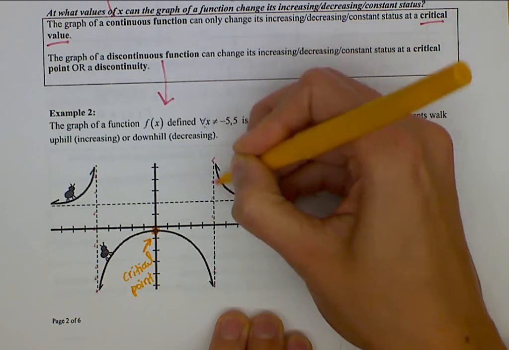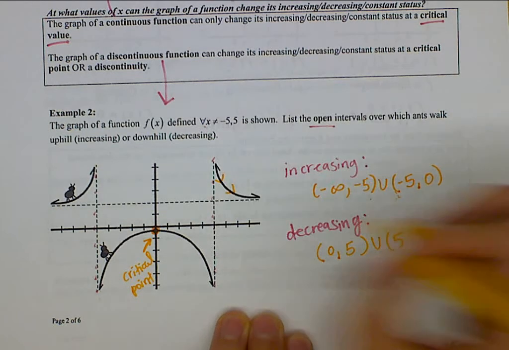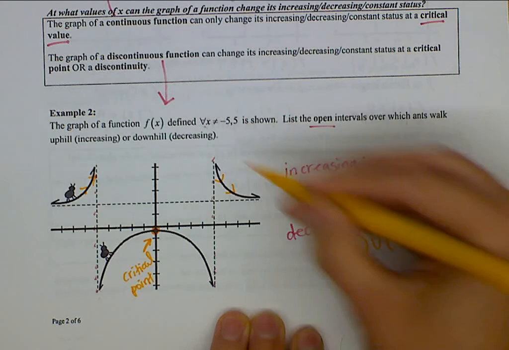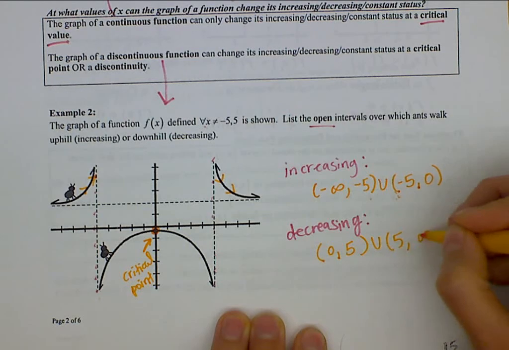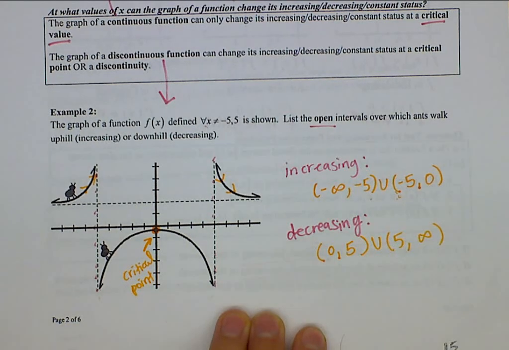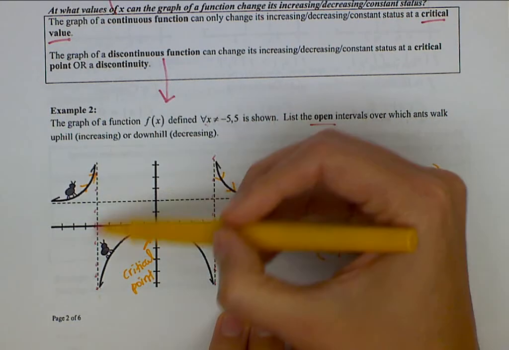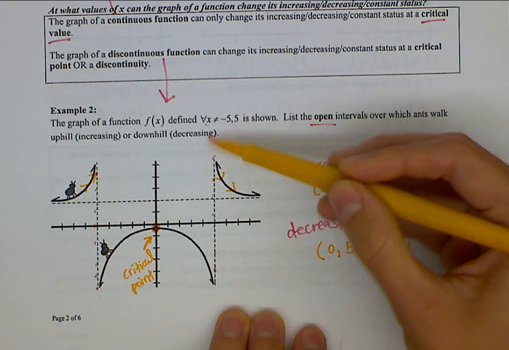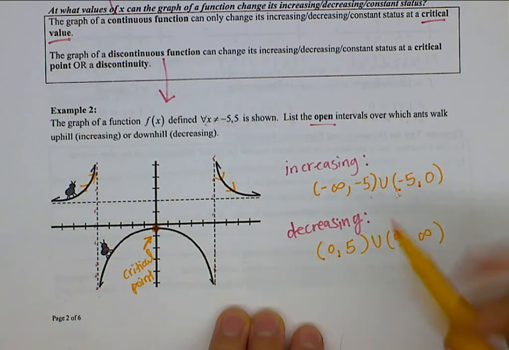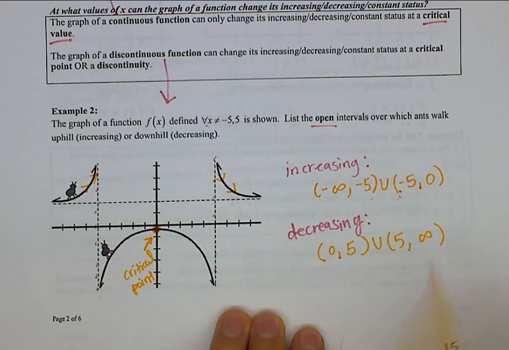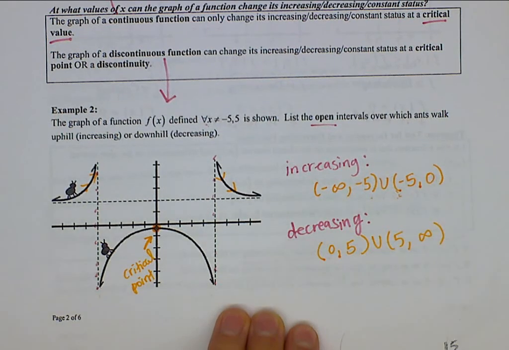He's going to be walking downhill like that. So he's decreasing from 5 to infinity. And notice we could have changed here at these discontinuities, but we didn't. We only changed at the critical point of 0.